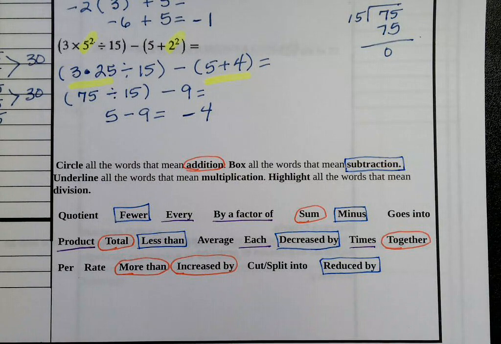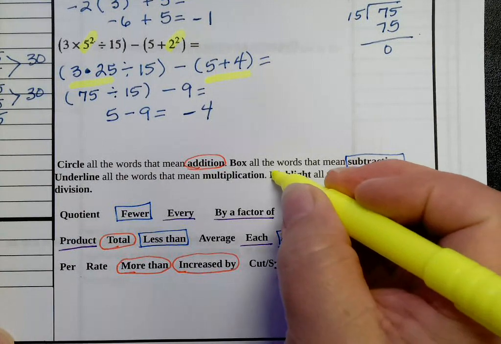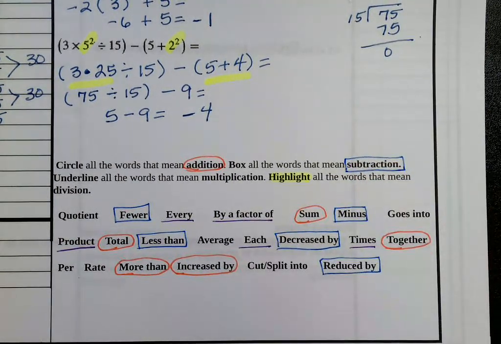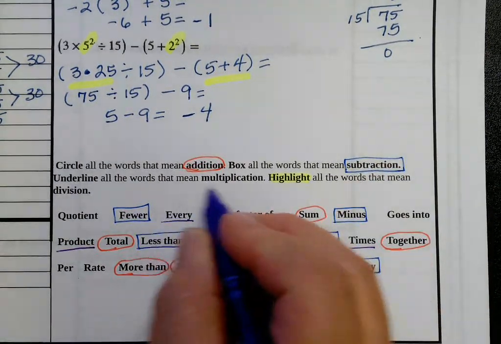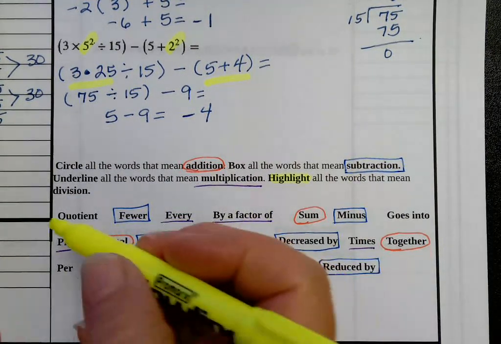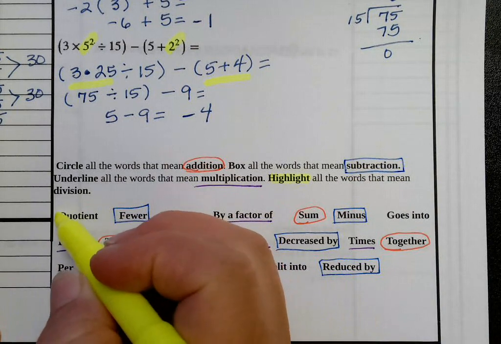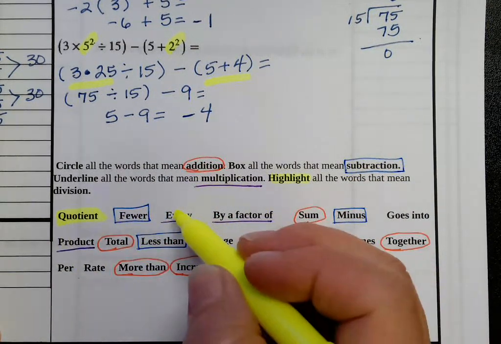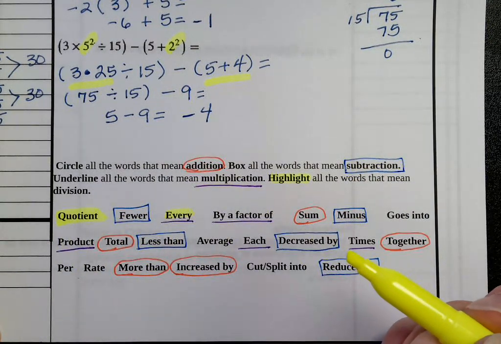Okay, so for the last one, we're going to highlight all the words that mean division. Quotient does mean division. Every might or might not.